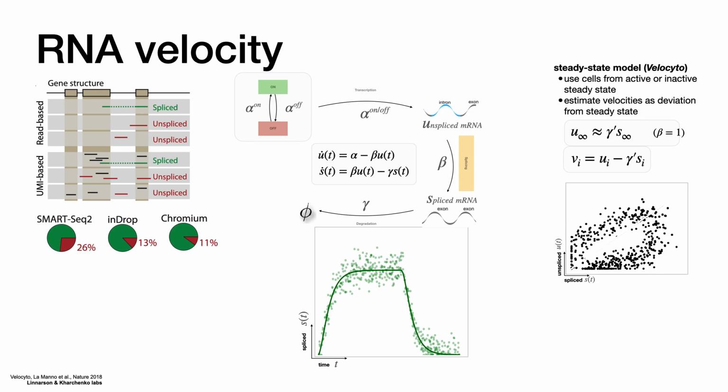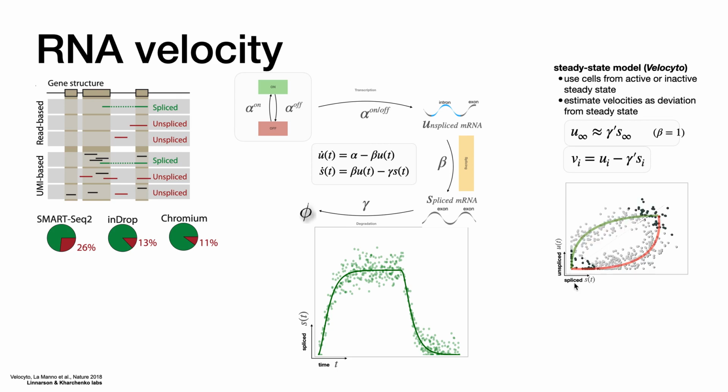When we want to look at spliced and unspliced reads at the same time, we use a so-called phase diagram. Here on the x-axis we have the spliced reads versus the unspliced reads on the y-axis. And we can immediately find these two processes of the transcription being turned on here on this green curve and transcription being turned off on the red curve.